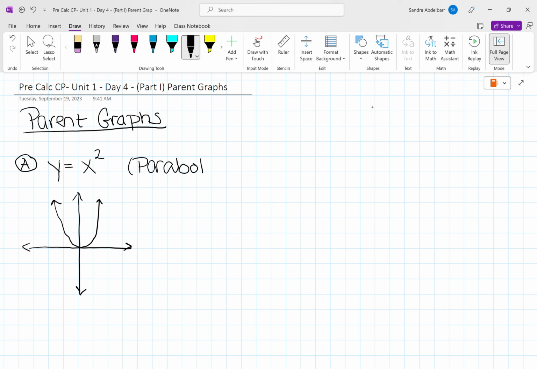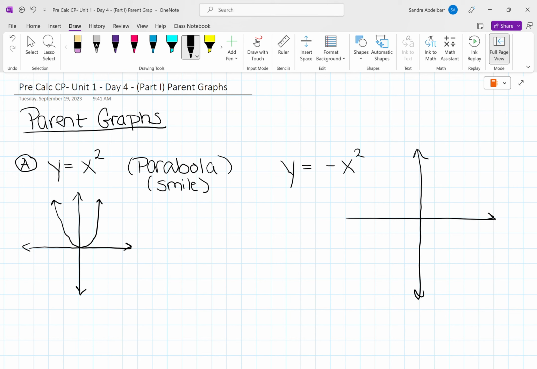So this is a parabola that is smiling. Do you know how we make the parabola frown? What we put in front of it? A negative, perfect. So if I then go to y equals the negation of x squared, now we are taking that parabola and reflecting it over the x-axis.